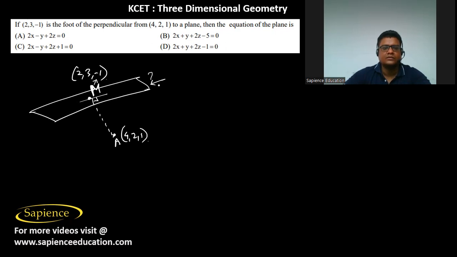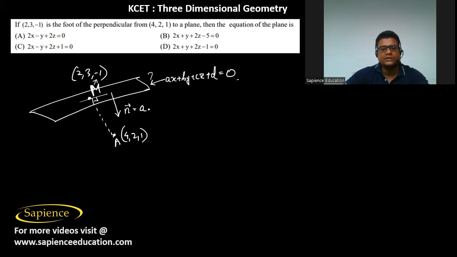Let's say the equation of the plane is ax plus by plus cz plus d equals 0. Therefore the normal vector to this plane will have the direction ratios a, b and c.